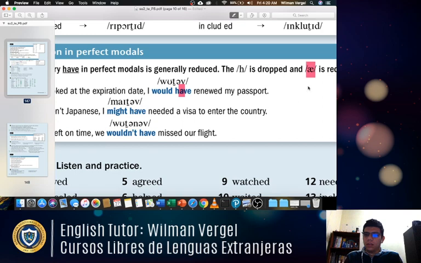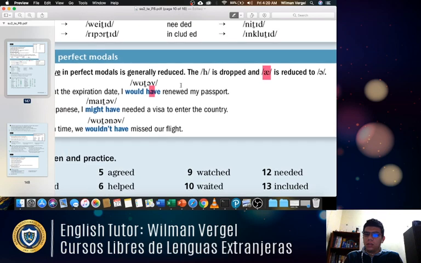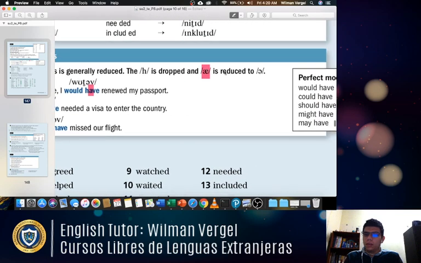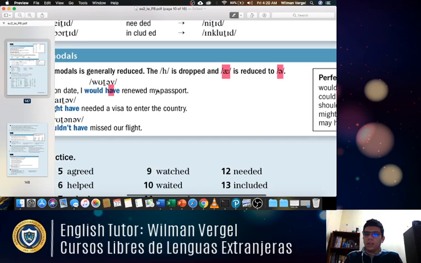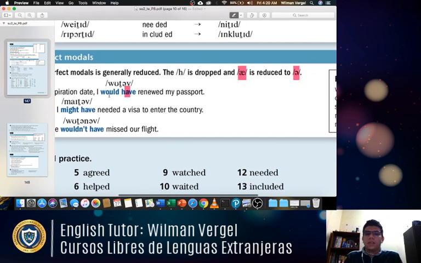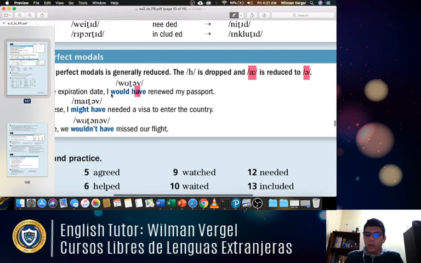So we say "have," but when we reduce the verb have in the perfect modals, we move from this sound to this one, which is the schwa sound. Instead of saying "have," we're gonna say "uhv." So it says if I looked at the expiration date, instead of saying I would have, we say would've, would've, would've.